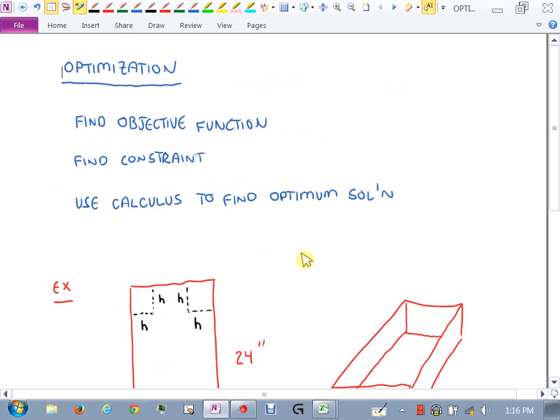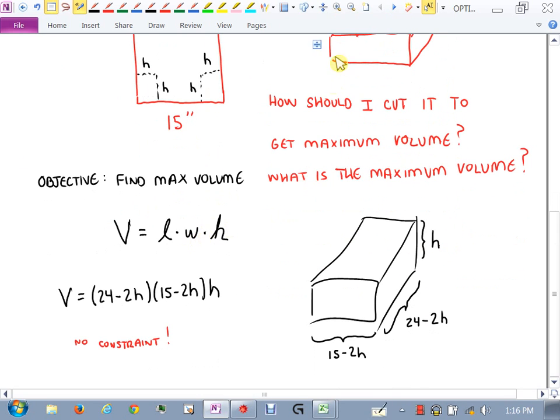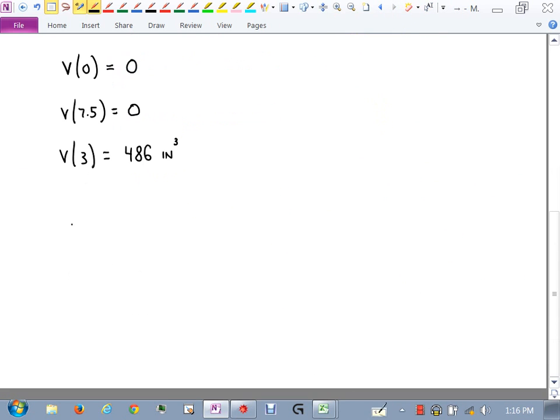The questions were, how should I cut it to get the maximum volume? So I'm going to cut it each corner out, right? And that corner cut should be measure out how much? 3 inches. So to answer the question, cut 3-inch squares out of each corner.